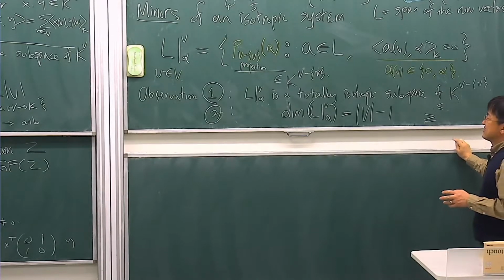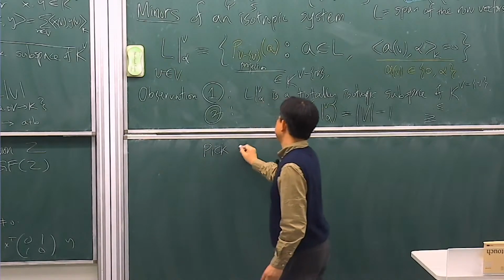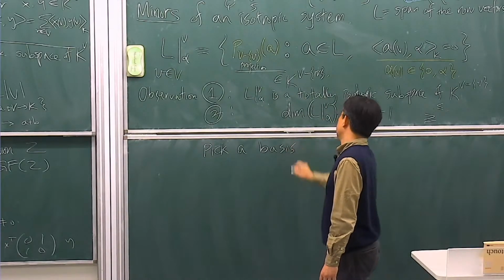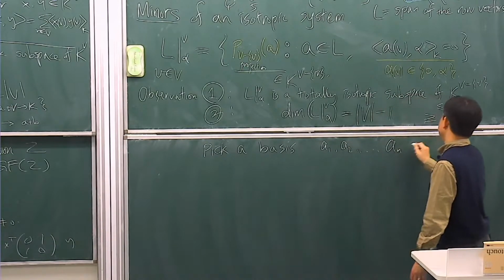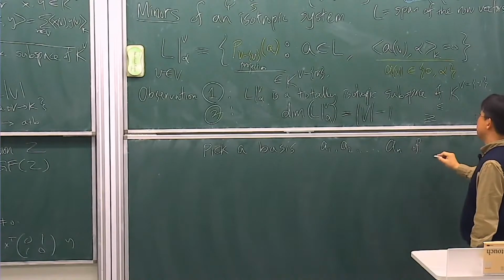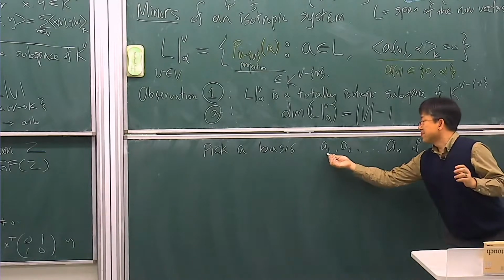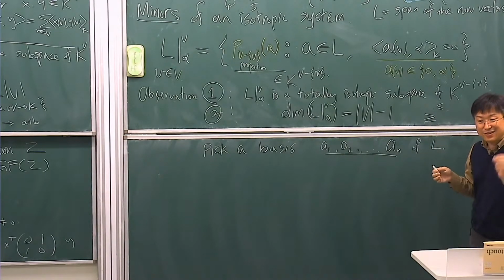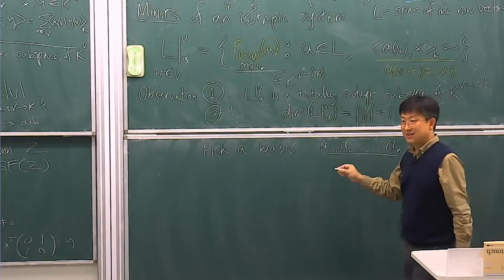One way to see the lower bound is to pick a basis A1, A2, ..., AN of L. When I pick a basis, I choose it so that the number of vectors in the basis with non-zero value on the coordinate v is minimized.